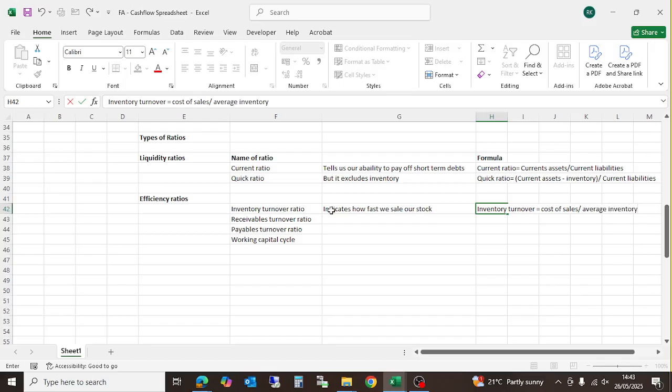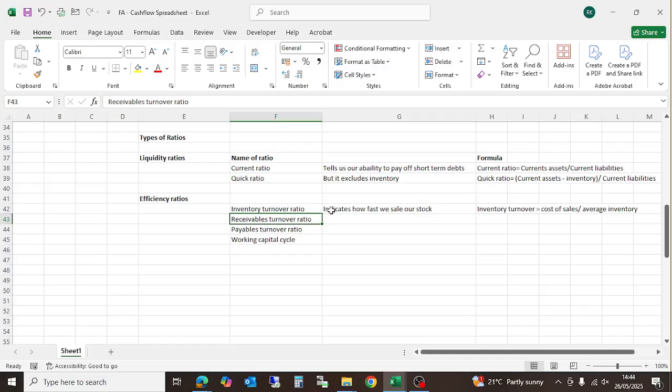This is the formula for inventory turnover. So it shows us how fast our inventory is sold, or how fast our inventory is changed into cash.